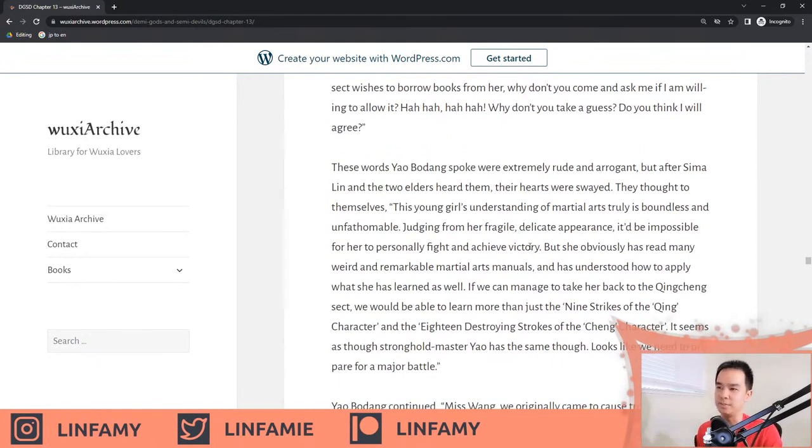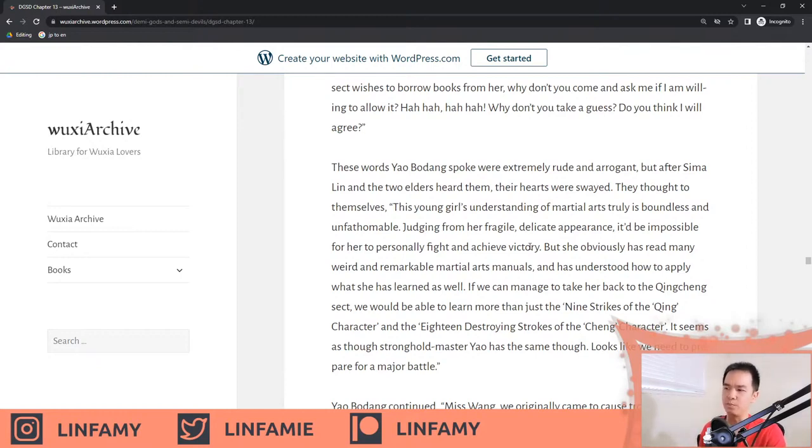These words Yao Bodang spoke were extremely rude and arrogant, but after Sima Lin and the 2 elders heard them, their hearts were swayed. They thought to themselves, this young girl's understanding of martial arts truly is boundless and unfathomable. Judging from her fragile, delicate appearance, it'll be impossible for her to personally fight and achieve victory, but she obviously has read many weird and remarkable martial arts manuals and has understood how to apply what she has learned as well.